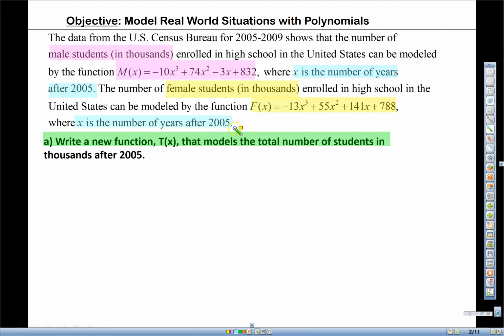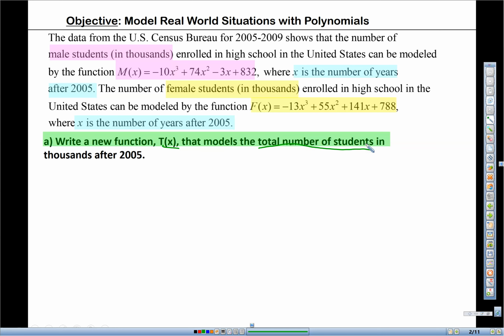And that's actually necessary for us to be able to combine those two functions into a new function here called t of x. So now the question is, based on the concept, what's the mathematical relationship between m of x and f of x that will allow us to create t of x? So what does t of x represent? t of x models the total number of students.